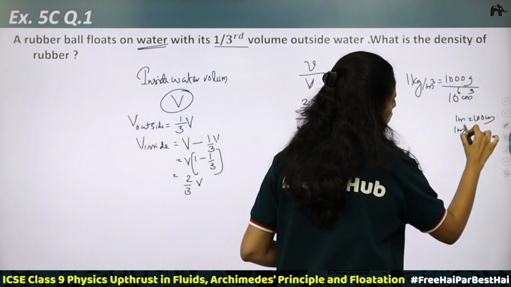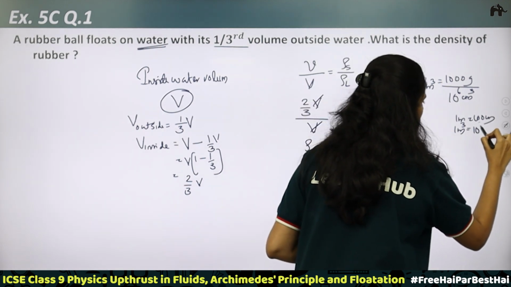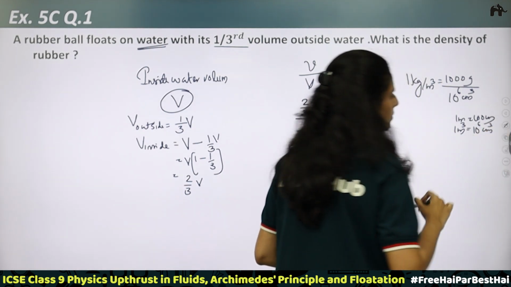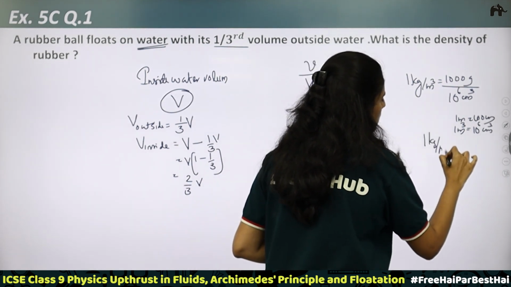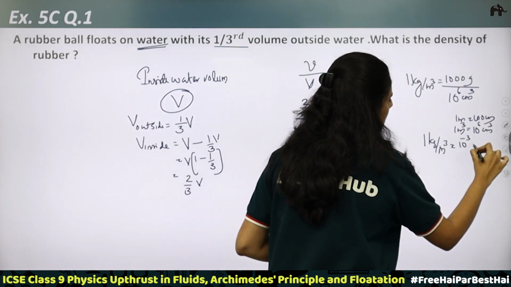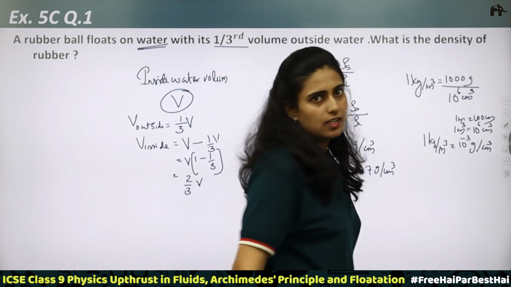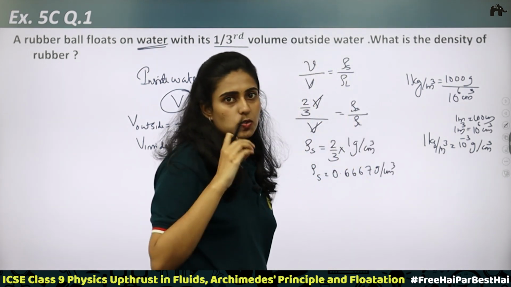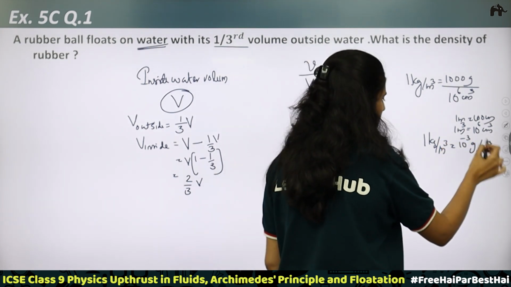Therefore, 1 meter cube will be equal to 100 into 100 into 100, that is 10 raised to 6 centimeter cube. So from this we get 1 kilogram per meter cube is equal to 10 raised to minus 3 gram per centimeter cube. So 1000 divided by 10 raised to 6, 10 raised to 3 by 10 raised to 6, which is 10 raised to minus 3 gram per centimeter cube.